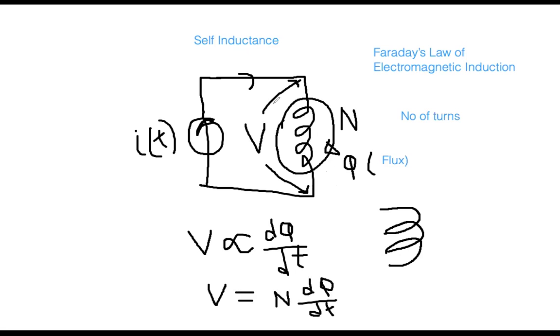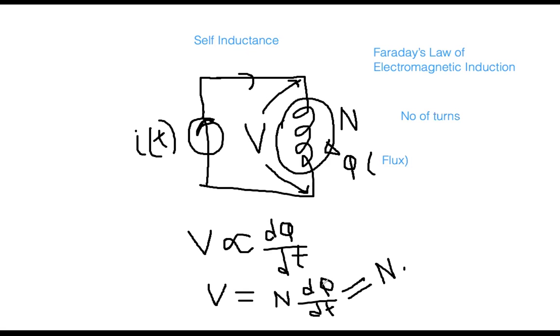So now if I move forward, let me delete this one. From here, everybody see, this is my N, and d phi by dt. How is flux produced? Because of the application of the current.